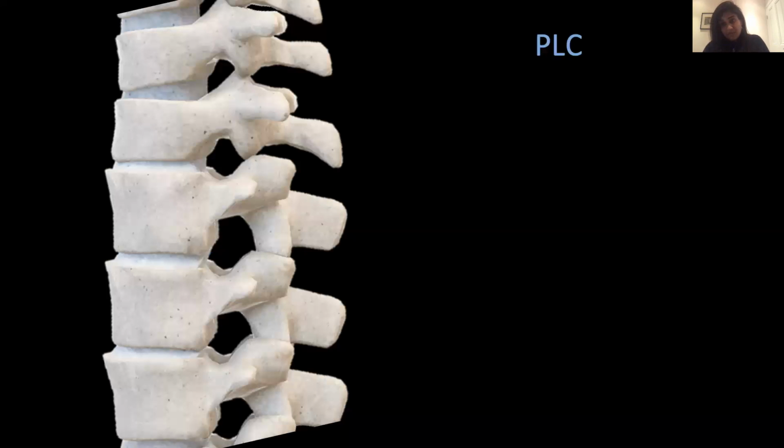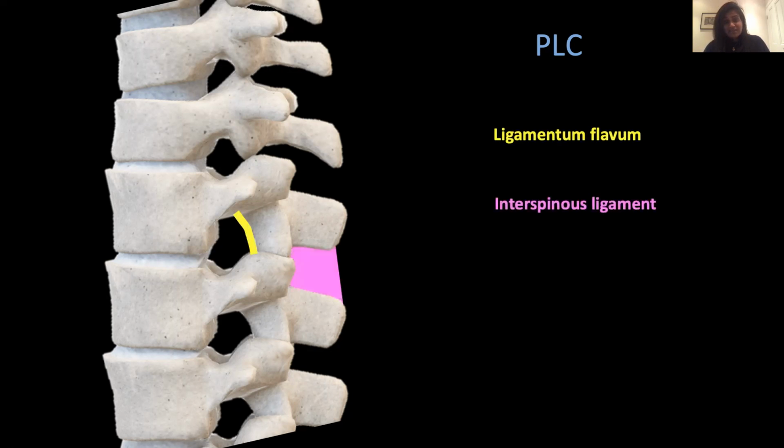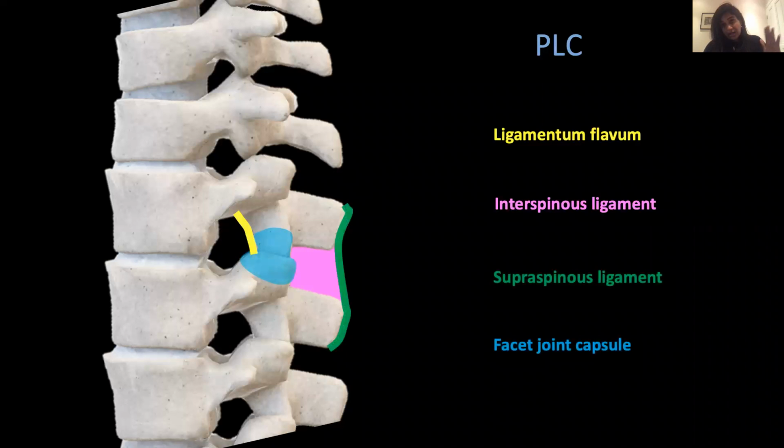So what makes up this posterior ligamentous complex? The posterior ligamentous complex basically is made up of the ligamentum flavum, which runs along the ventral aspects of the laminae, the interspinous ligament between the spinous processes, the supraspinous ligament at the dorsal aspects of the tops of the spinous processes, and the facet joint capsule.